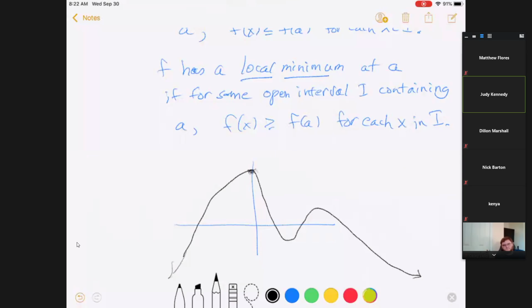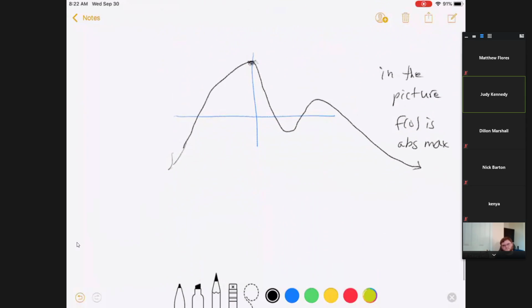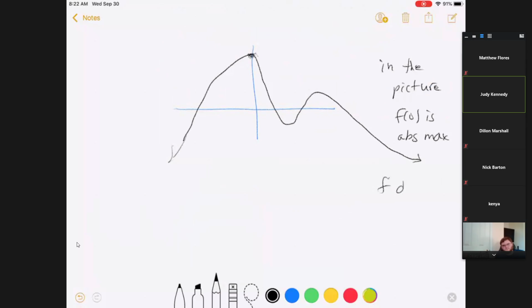It looks like f of 0 in the picture. f of 0 is your absolute maximum. This is not a closed interval, this is defined on all the reals. It looks like this function does not have an absolute minimum. There is no lowest point.